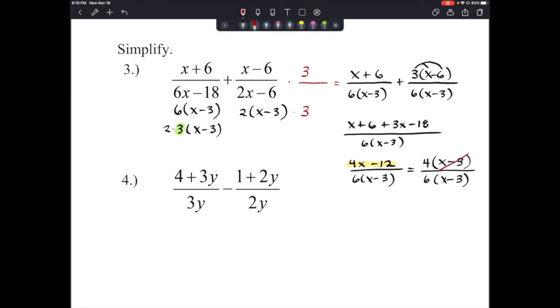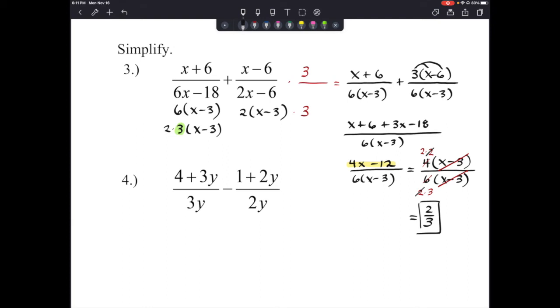This factor and this factor will simplify. And then we know that 4 is the same thing as 2 times 2. 6 is the same thing as 2 times 3. So we can go ahead and cancel out a 2 from each of them there. And we'll see that our final answer for this ends up being 2/3. All that work just to get 2/3.